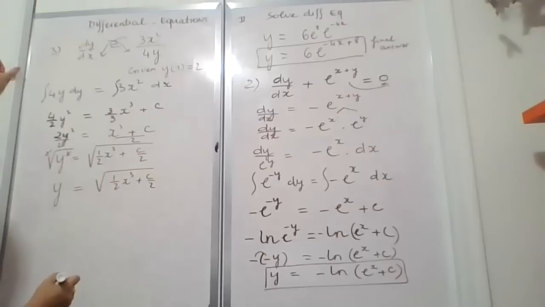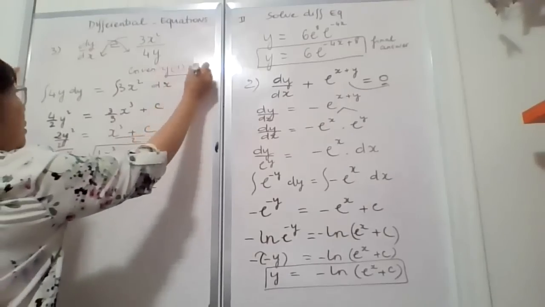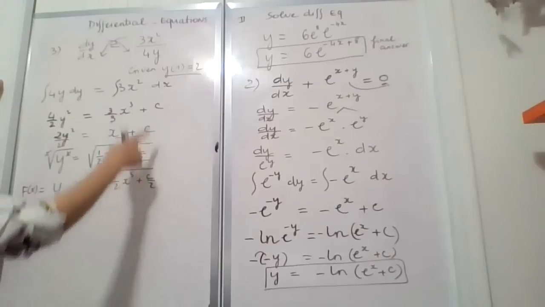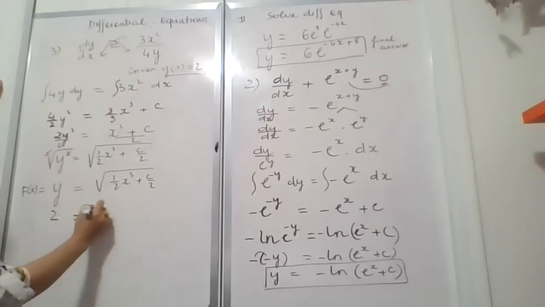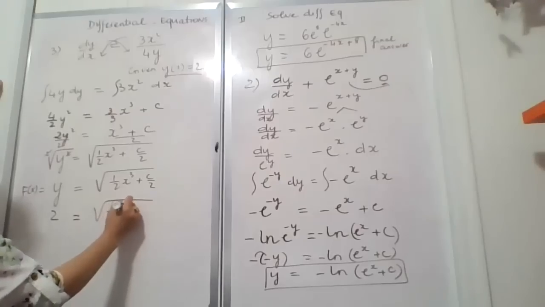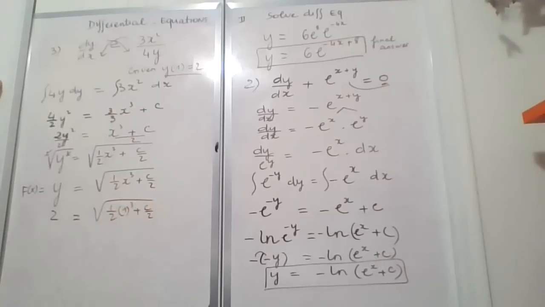So now we have our original function f of x equal y equal this. So we're going to use this data and solve for the equation. So solve for c, right? So if we have y of 1 equal 2, it means 2 can substitute in here. And the x can substitute by 1 to the power 3 plus c over 2.